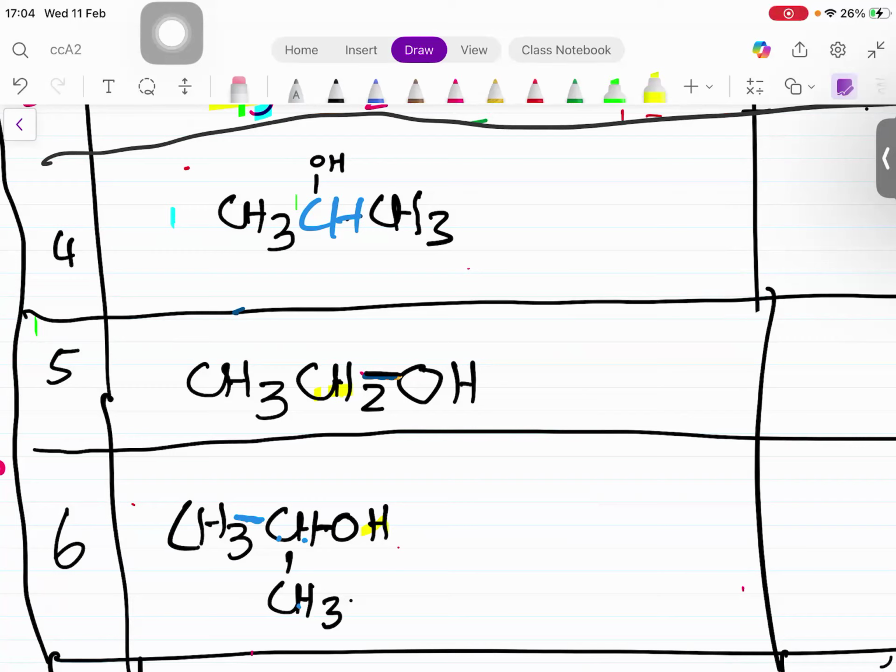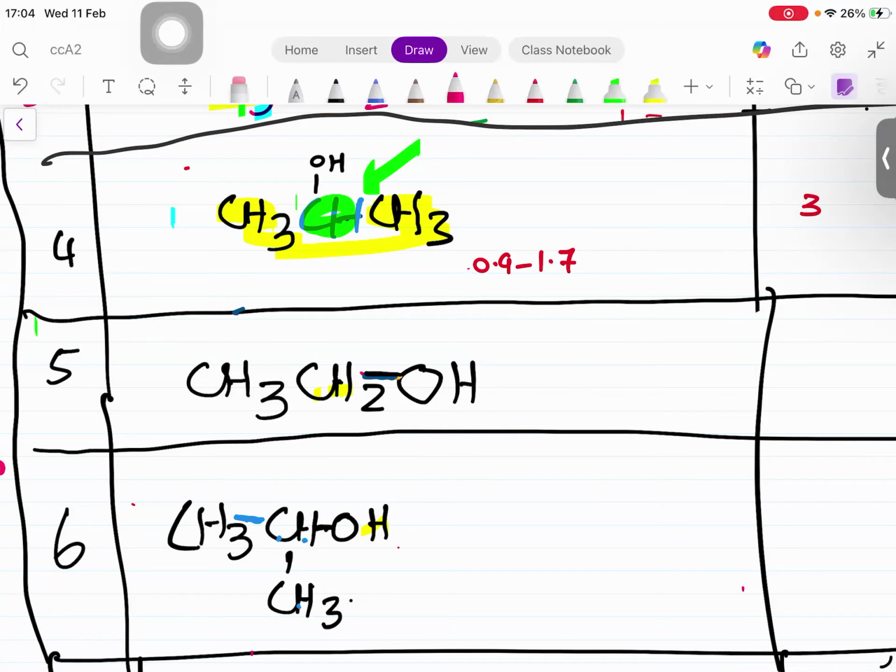Number 4. How many peaks? 3 peaks. These two CH3s contribute towards one peak, at 0.9 to 1.7. The center CH attached with the carbon contributes to one peak.